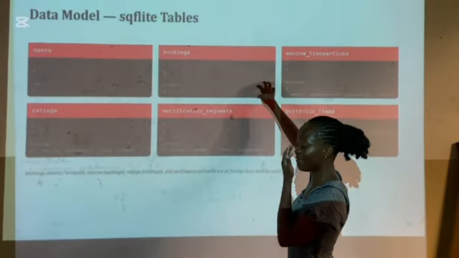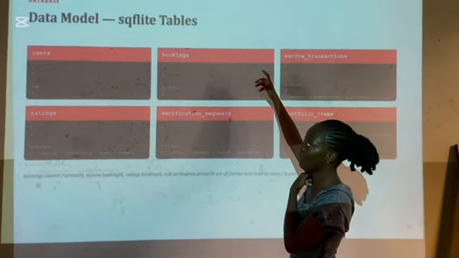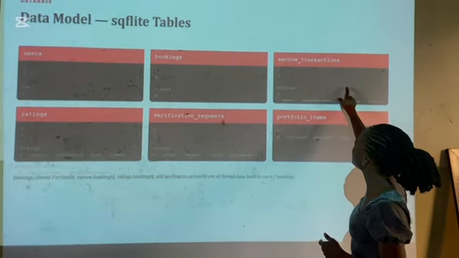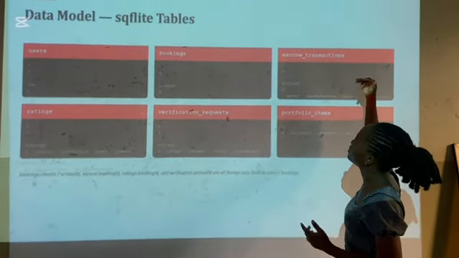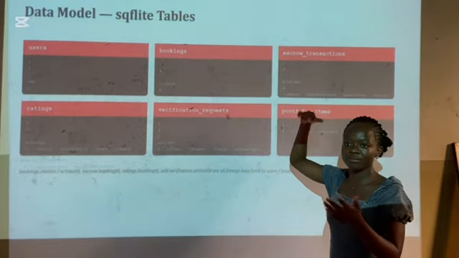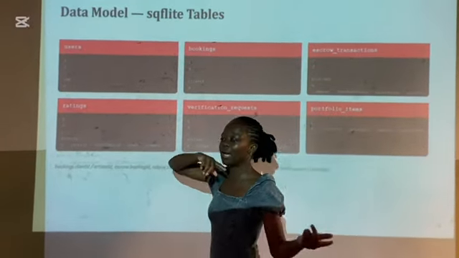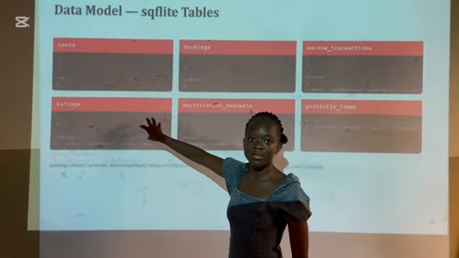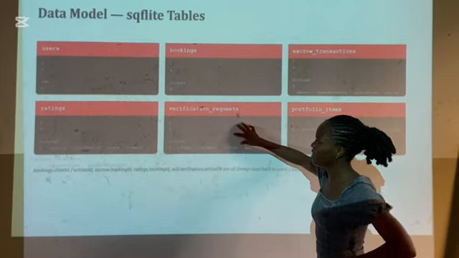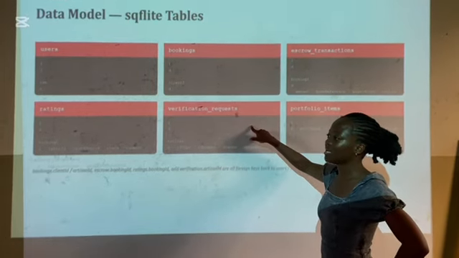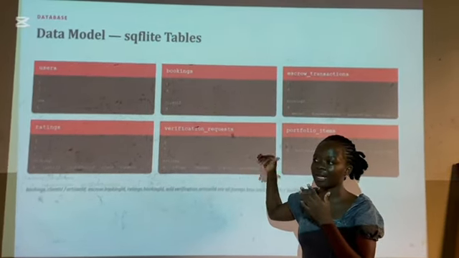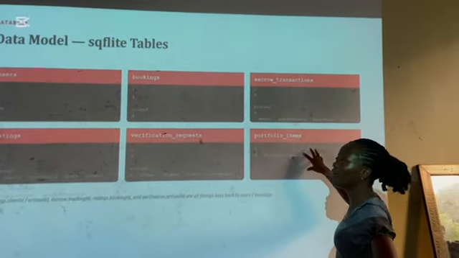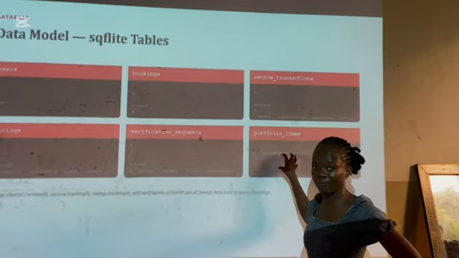The booking table entails the information on bookings, and transactions entails information on transactions, like clients sending money to the artisans. The ratings entail how legit the artisans are on the app. The verification request is how artisans and clients are verified on the app. And the portfolio entails the bio of the artisans.